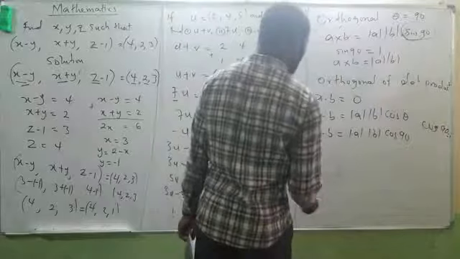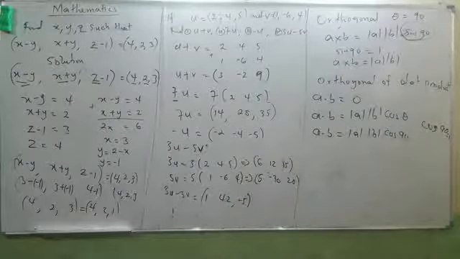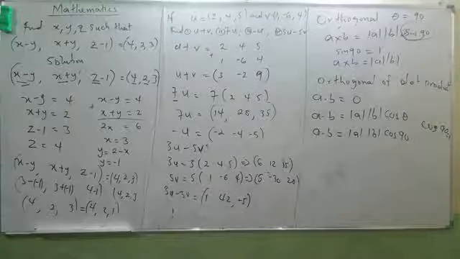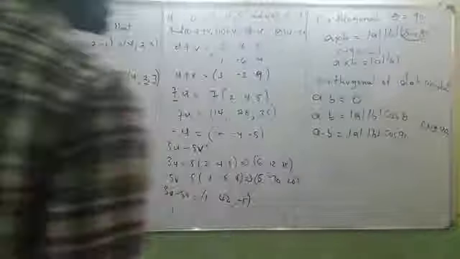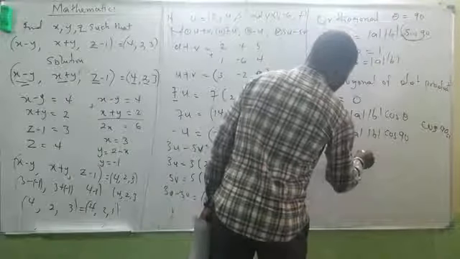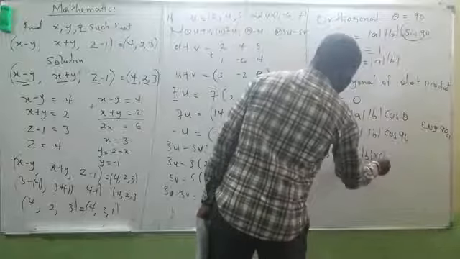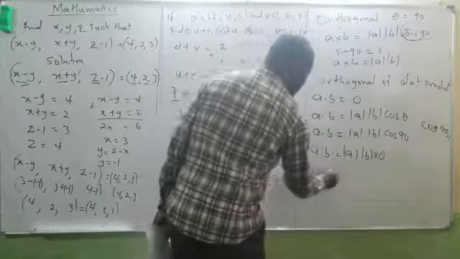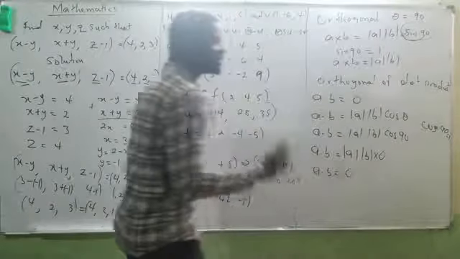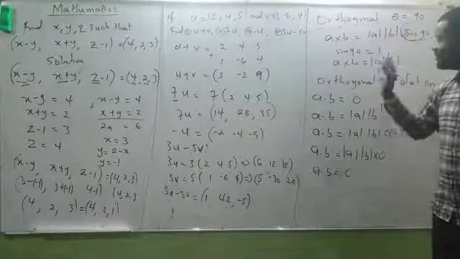Am I saying the right thing? I think so. Cos 90, okay, I'm very correct. It means A dot B equals magnitude A times magnitude B times 0, which means A dot B equals 0. Please, when you hear orthogonal, take note of this information very well.